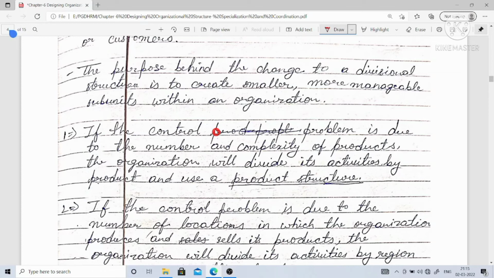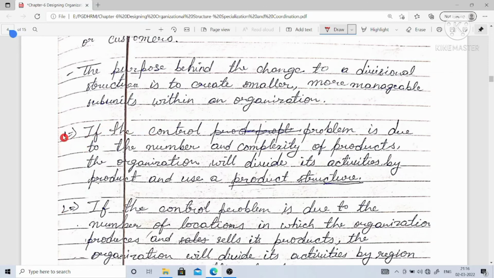Because it is smaller and easily manageable. Divisional structure can further be classified on the basis of whether the control problem is due to the product, the market, or the geographic location. On that basis we can classify divisional structure in three parts.